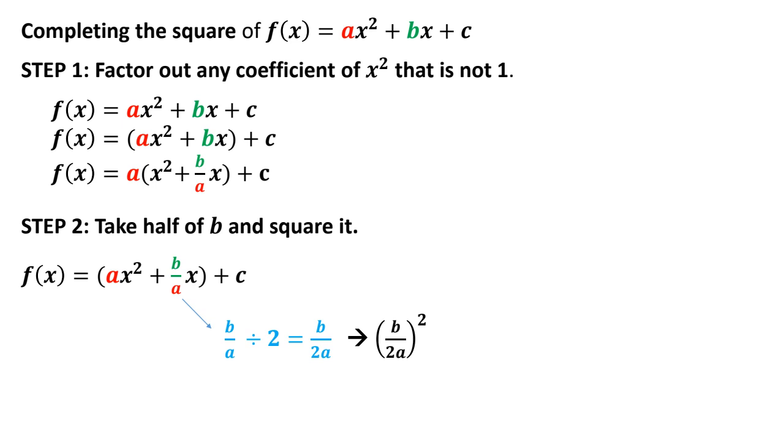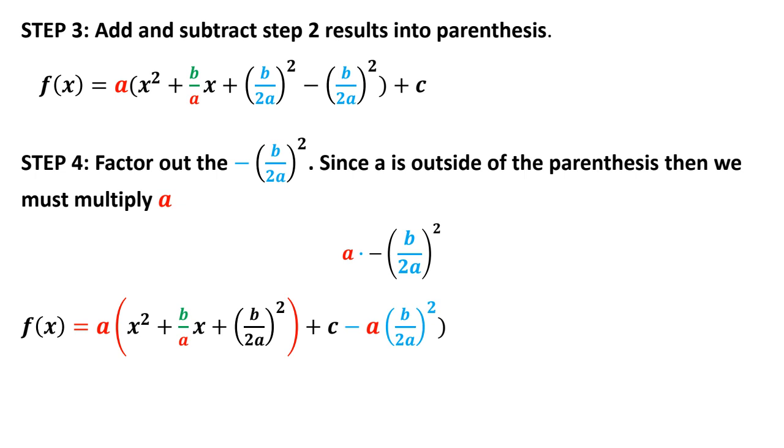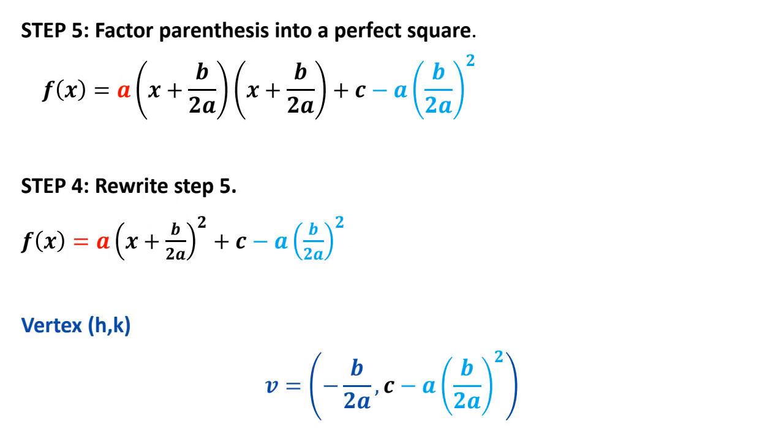We want to have a perfect square. My fourth step, once I've taken half of b and squared it, is to subtract it from any c value that was already there in the function. The last step is just to get my perfect square, giving me my h and k values.